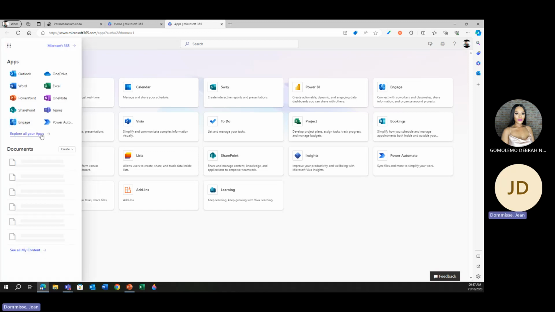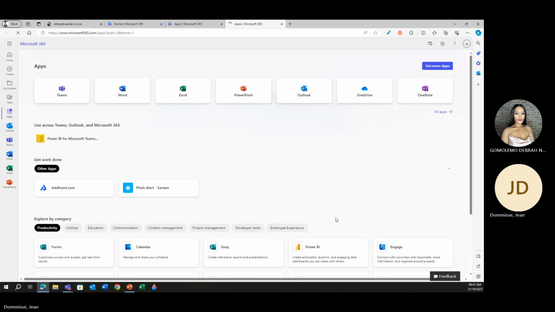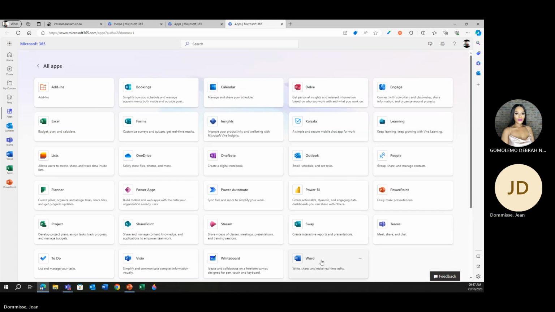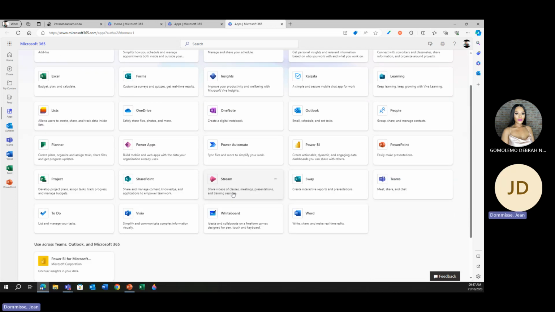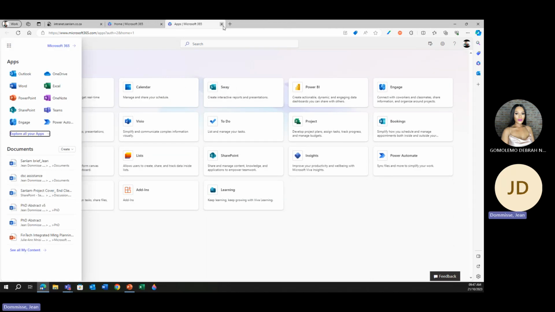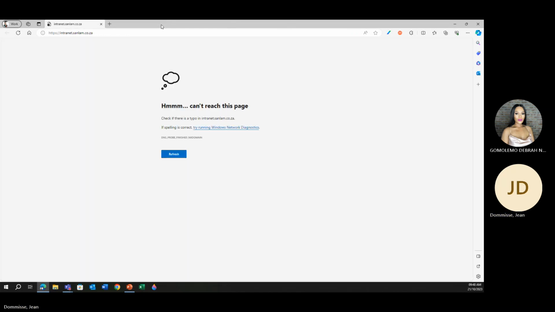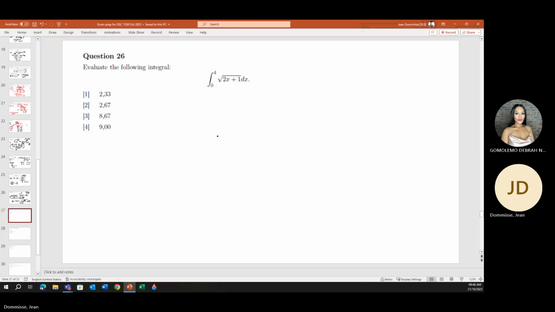But I have also downloaded the app on my cell phone so that you guys can. I need to check for you. I will get that, but there is a Math Solver app. Let me check for you, and I will share that on the group.